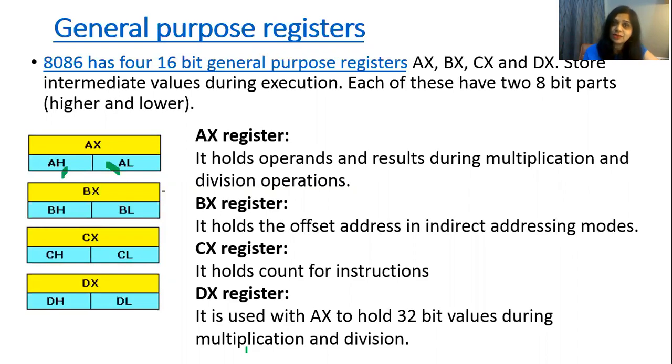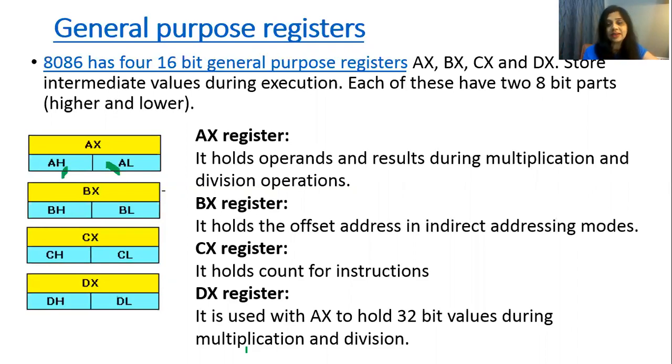What does the CX register hold? The CX register is used to hold the count. Whenever we perform a loop operation, whenever we want to repeat the loop a number of times, we need a register to hold the count, and the CX register is used for holding the count.